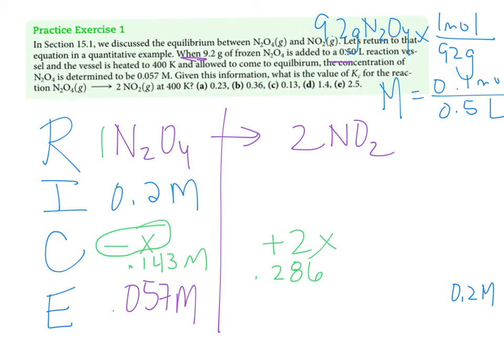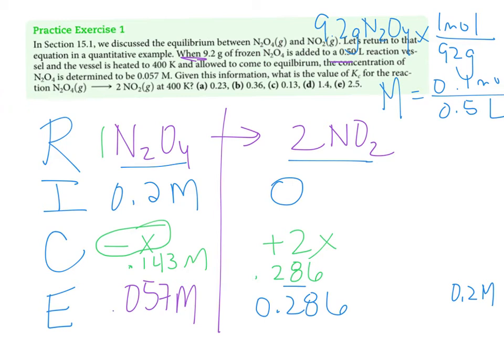Now our initial concentration of NO2 here was 0 because we started by just putting frozen N2O4 in there. So this is 0. And if you add 0.286 to 0, you get 0.286. So now we have an equilibrium concentration of NO2 and of N2O4.